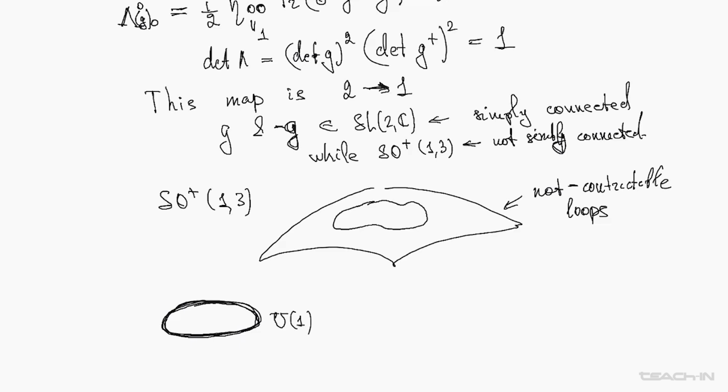So it covers it, and it's simply connected. It covers it 2 to 1. If you allow me to draw it this way, SL(2,C) can be drawn like this. It goes around, and it turns into itself in such a way that, say, two elements.